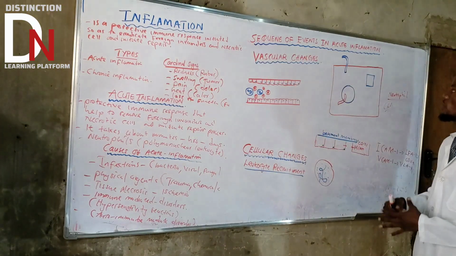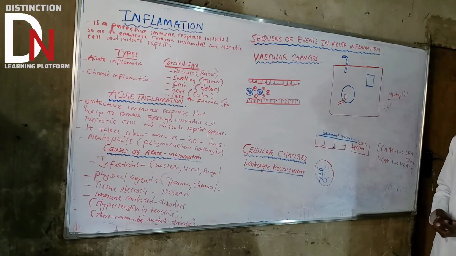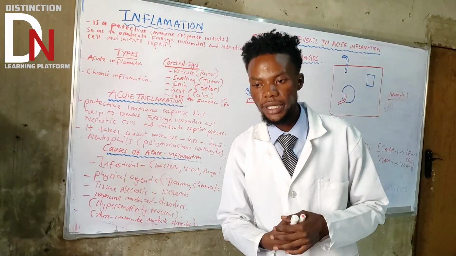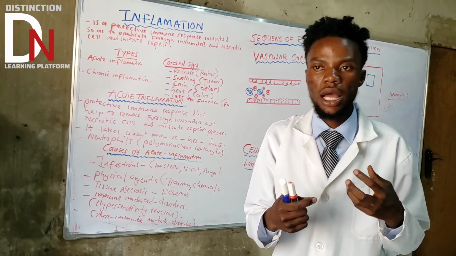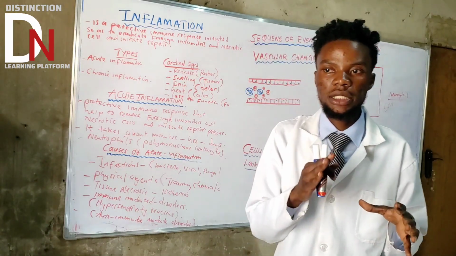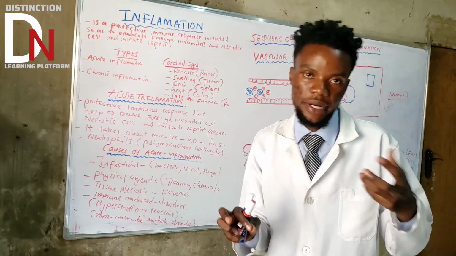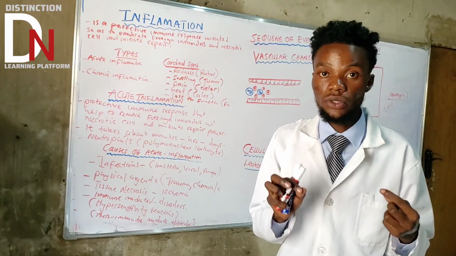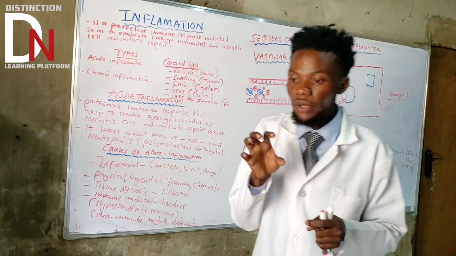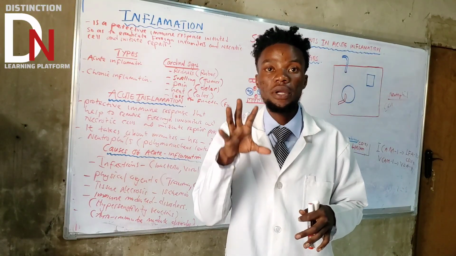How does that happen? The question that was asked long ago was how immune cells like neutrophils, these white blood cells, differentiate normal tissues from foreign invaders. It is because they have specific receptors for foreign invaders.